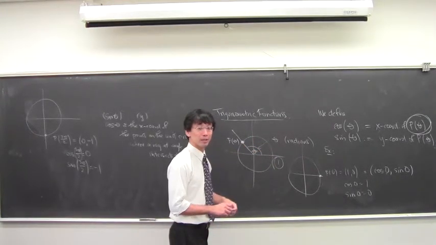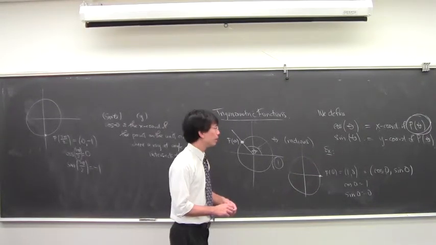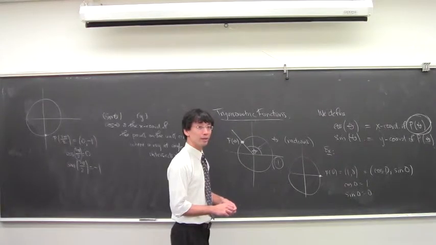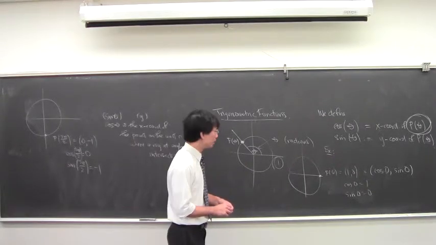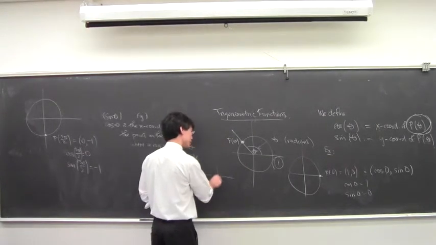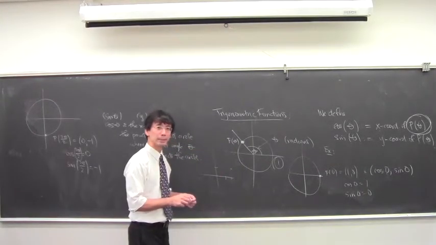But how can you relate that to a regular point? If you had the point 2, 1, would you be able to relate that to cosine and sine?